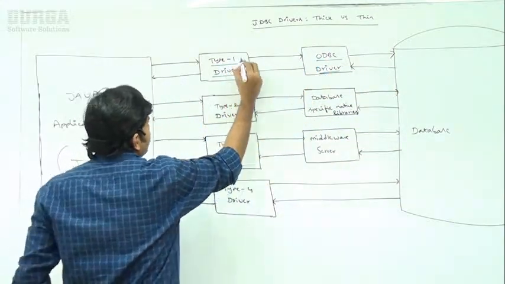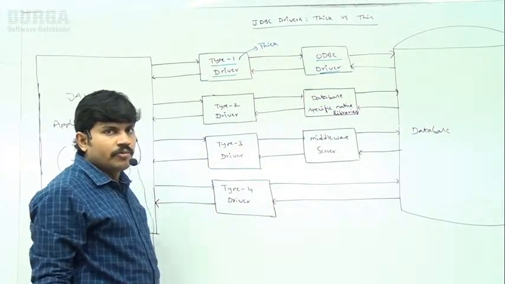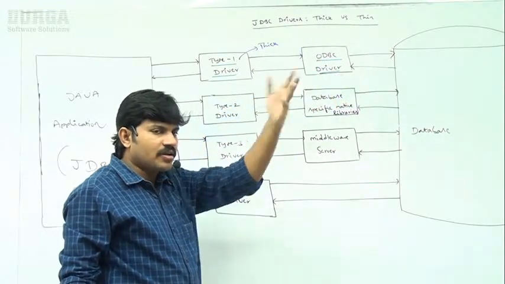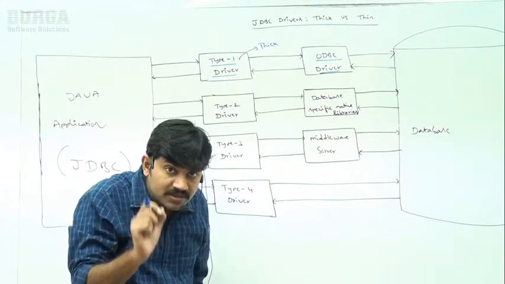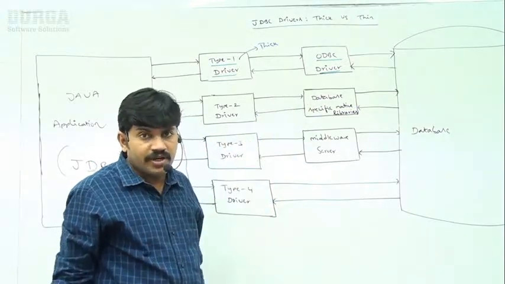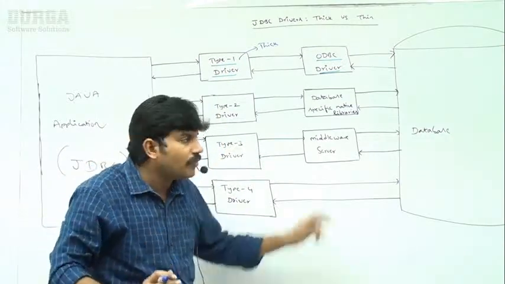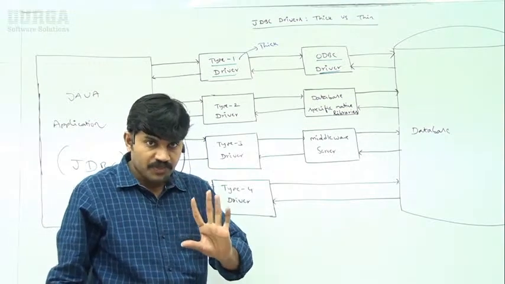That's why this driver is a thick driver. Remember this one, because without taking extra component support, it can't communicate with the database. So, for type 1 driver to work, ODBC driver must be required. If the driver requires an extra component to communicate with the database, such type of driver is called what? Thick driver. Clear, right?